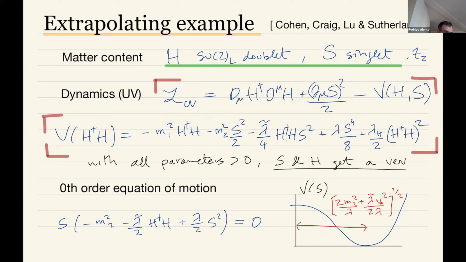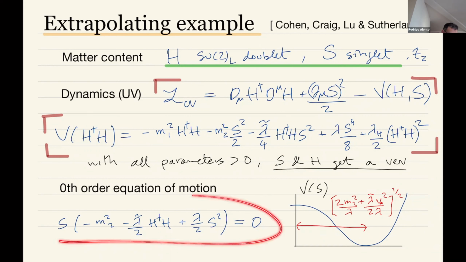What we will assume, though, with this notation, notice that these three terms have a negative sign out front, and we're assuming all parameters greater than zero, is that both the singlet and the doublet get a vacuum expectation value. We can then obtain the effective action or effective field theory from this Lagrangian with the procedure that we just outlined.